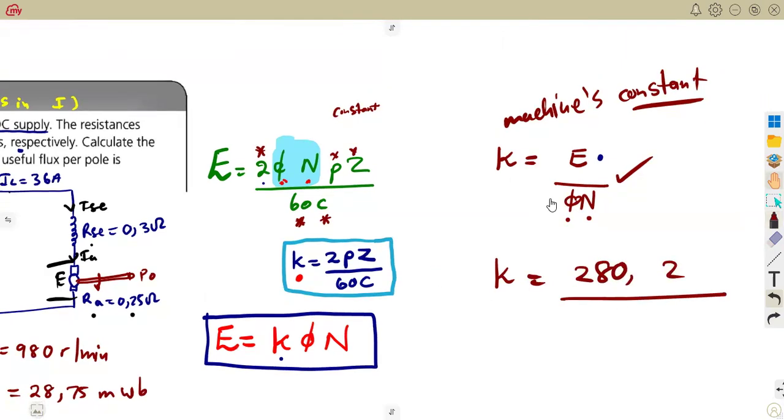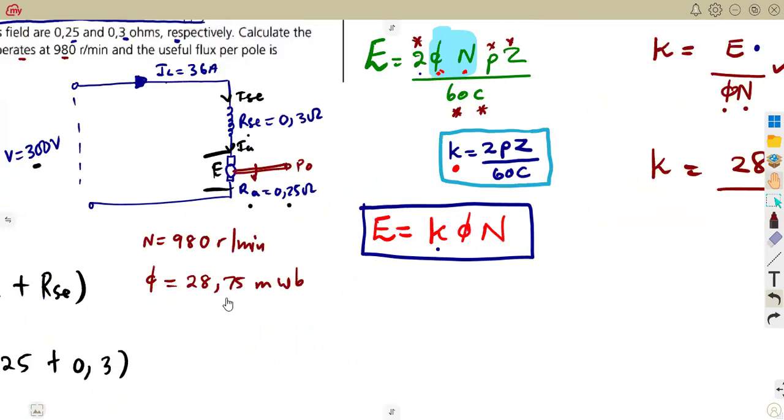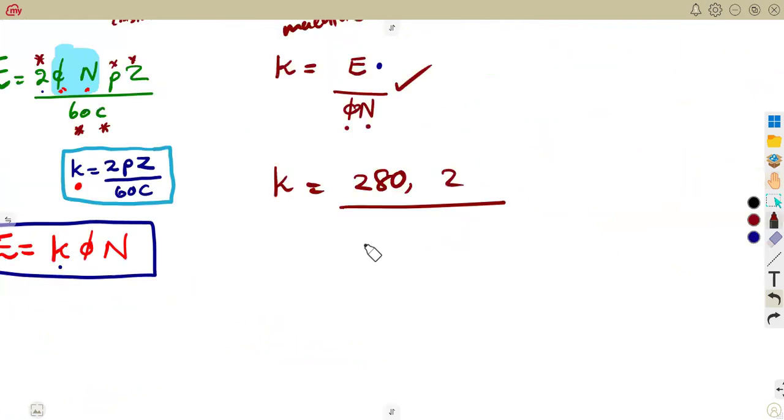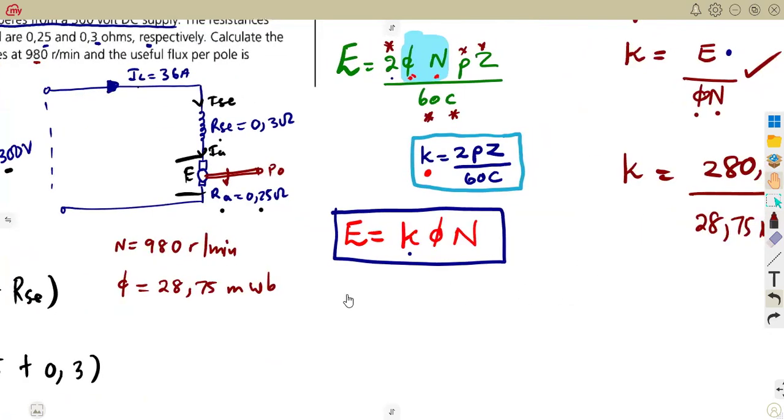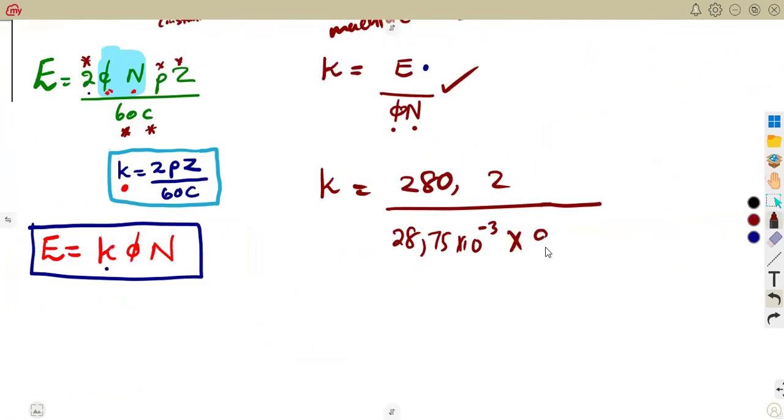We have the useful flux, that's 28.75 times 10 to the exponent of minus 3, the milliweber there. So it's 28.75 times 10 to the exponent of minus 3 times what? The speed in revolutions per minute, 980. As it is. So this was going to give you the machine's constant.